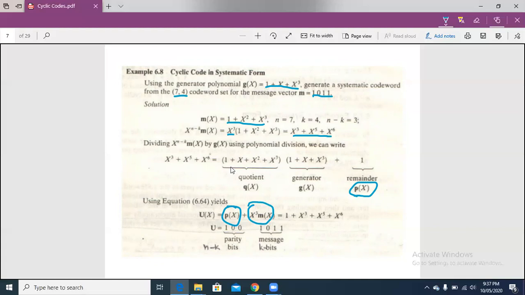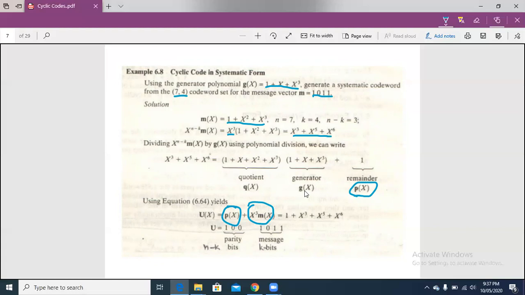So the n minus k shifted version of the message is 1011, and this 100 is the parity, right?